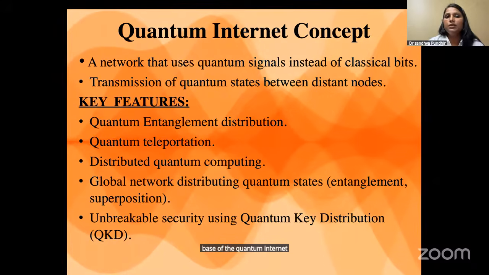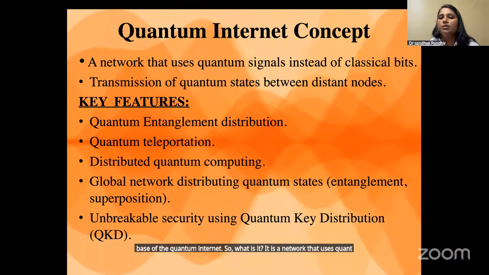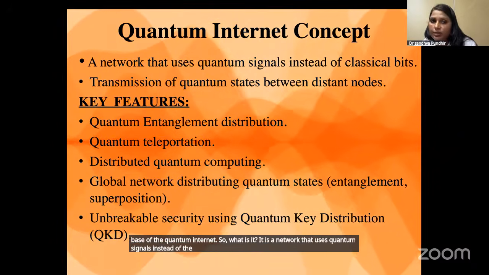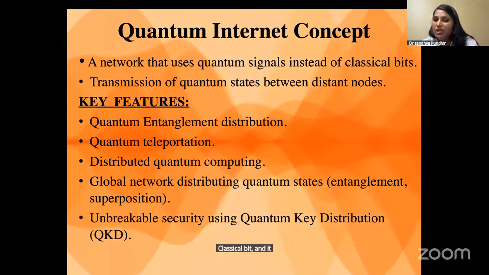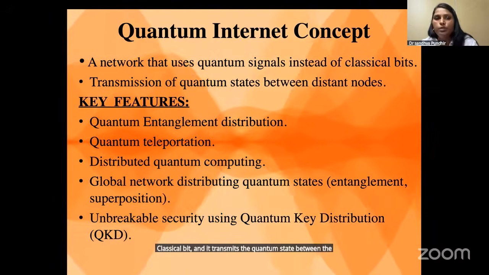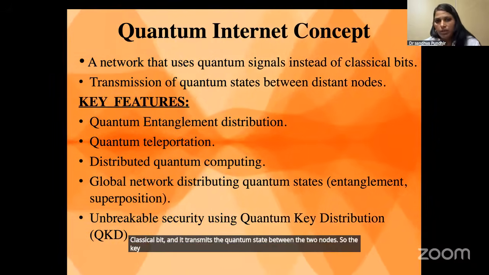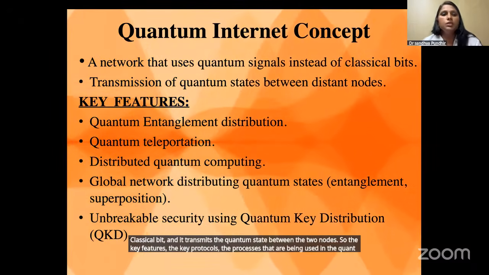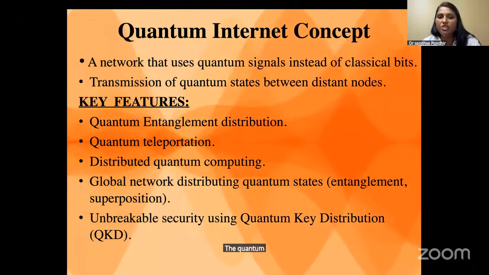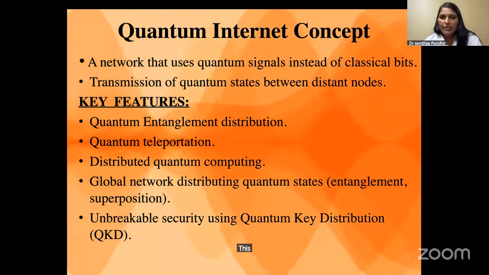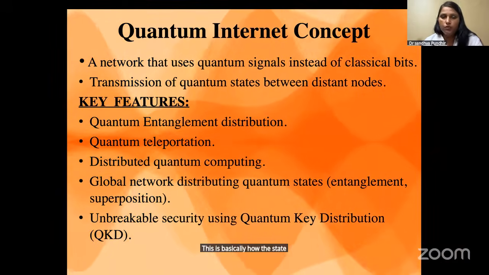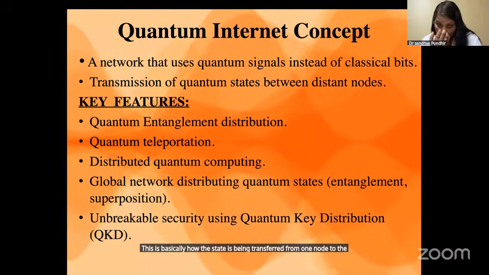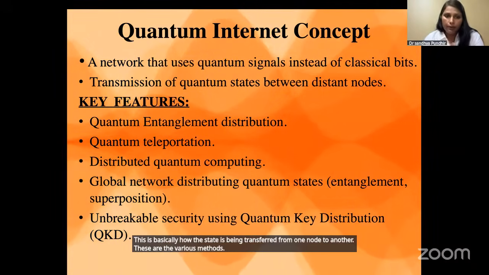So what is it? It is a network that uses quantum signals instead of classical bits, and it transmits the quantum state between 2 nodes. The key features and protocols used in the quantum internet include quantum entanglement distribution, which is how the state is transferred from one node to another.